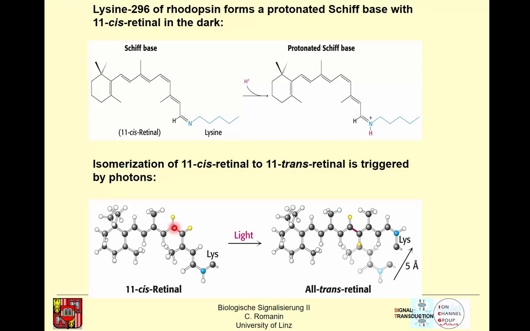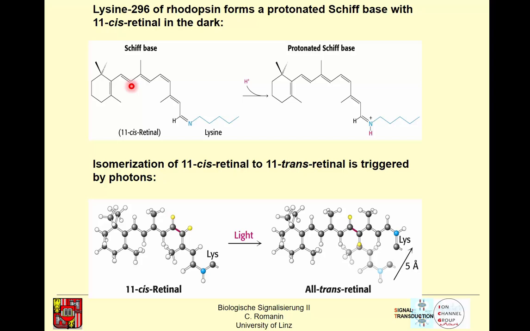The chromophore involved here, as you can best see in the panel below, is called 11-cis-retinal. It's quite a long molecule because it has sensitivity in the visible light. To get sensitivity in the visible light, as you see here with the double bonds, we need a certain amount of conjugated double bonds.